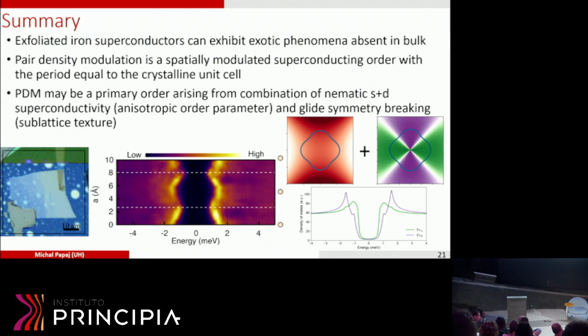Right. But I think the important thing is the anisotropy of the order parameter and the sublattice texture. And also they have to be aligned. Because if I had a D that is rotated by 45 degrees, then I would see just two peaks at both sublattices, instead of one peak on one sublattice and another peak on the other sublattice.